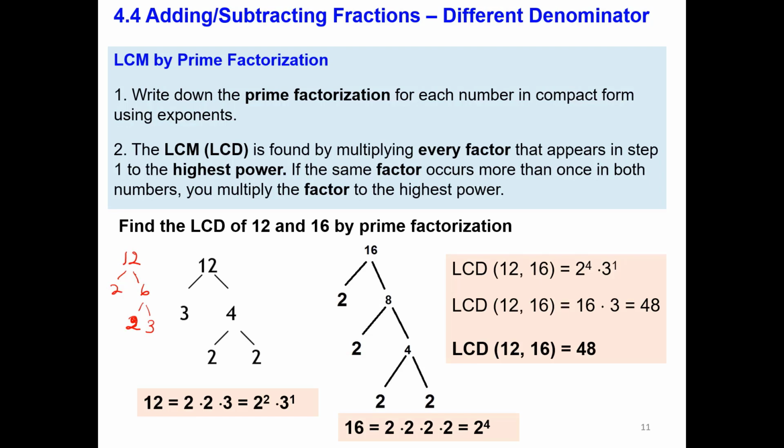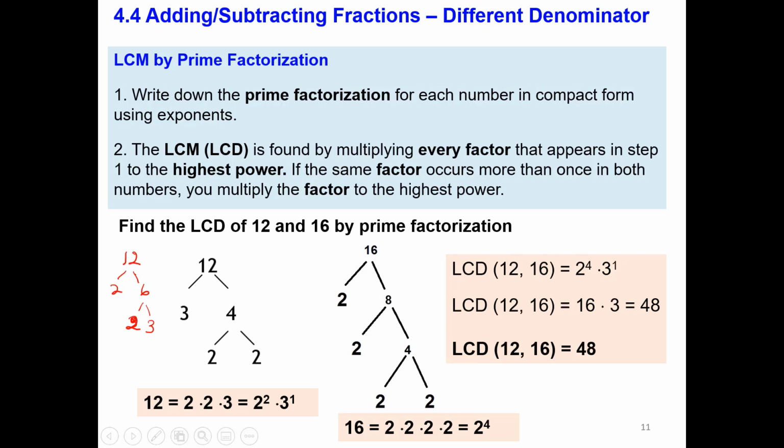Now, how will we calculate the LCD? The LCD, you have to list all the factors, 2 and 3. If the factor, for example 2, is in both numbers, you list it just one time. 3 is not in both, but you need to list all the factors. If the factor appears twice, just write it once.